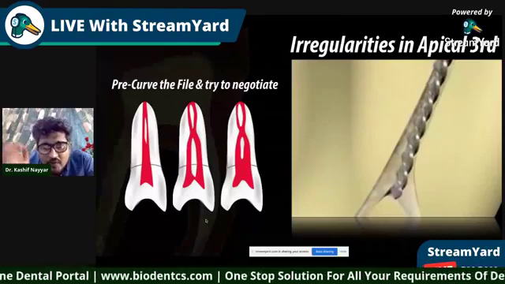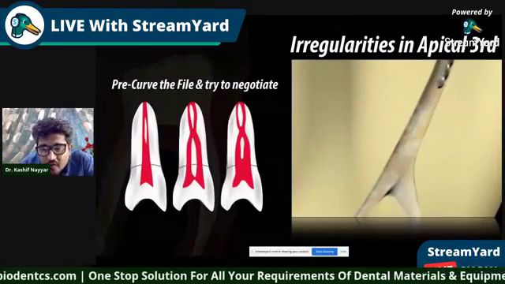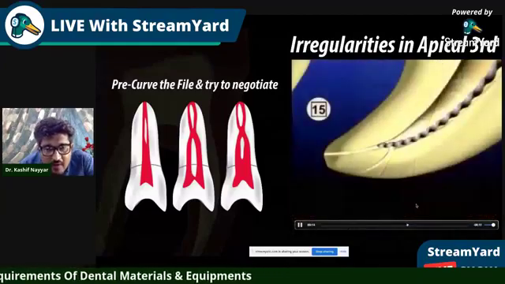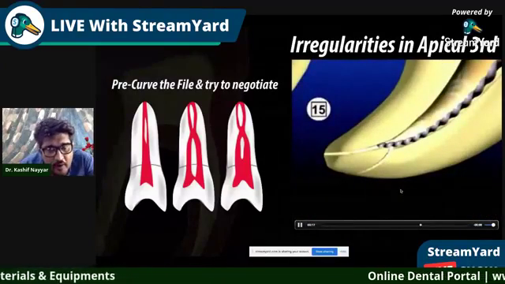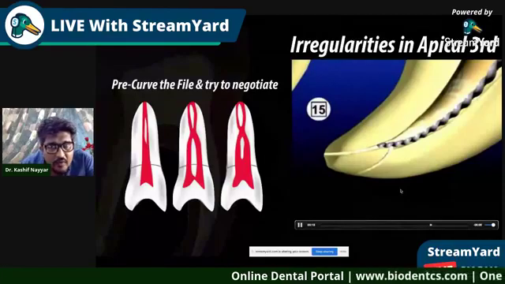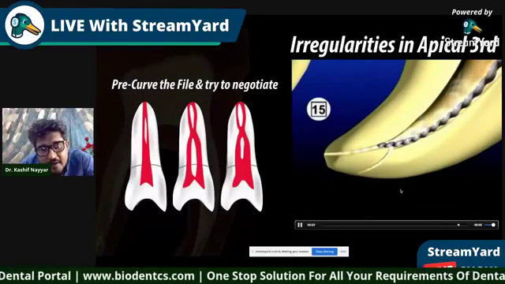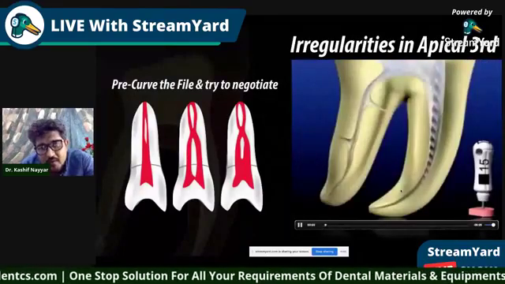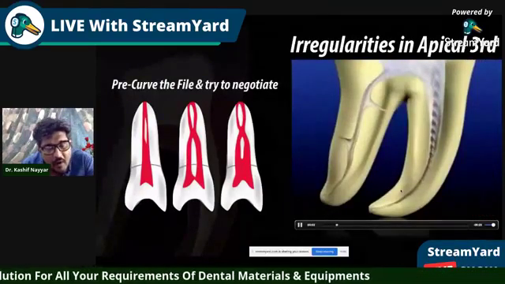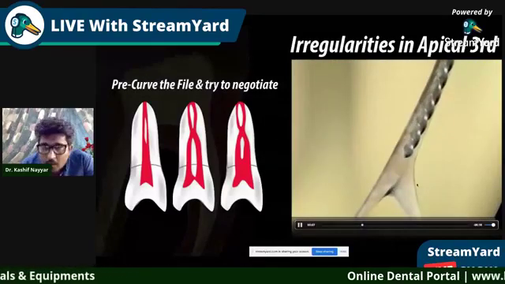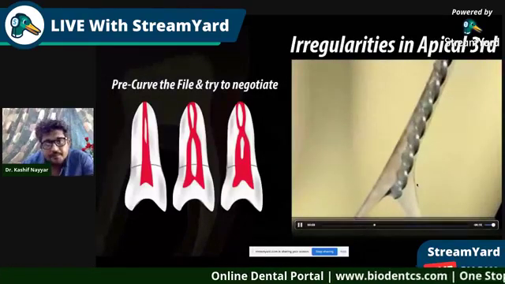There is something sticking when you are trying to insert to the apex, and these are the apical irregularities. To eliminate that, you pre-curve your number 15 file and then try to bypass that portion. So these irregularities are always there. You just have to find them.